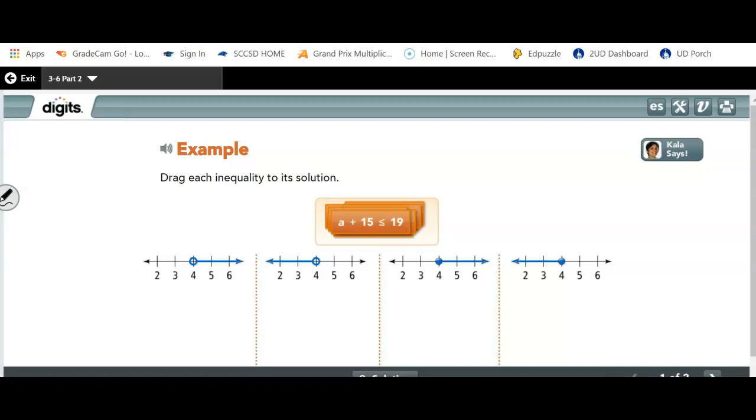Create these graphs. They are in the same order as your paper. They don't have to be perfect. You just want to put one number to the left of 4. That's fine. Just be very clear whether the circle is open or closed and what direction your arrow is going in.